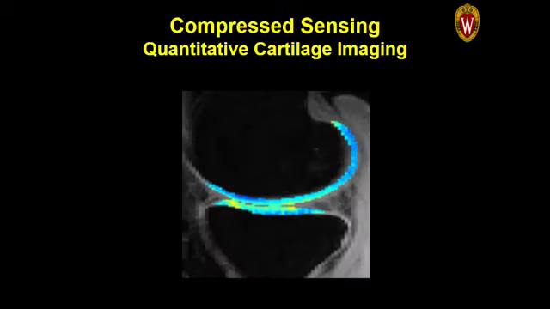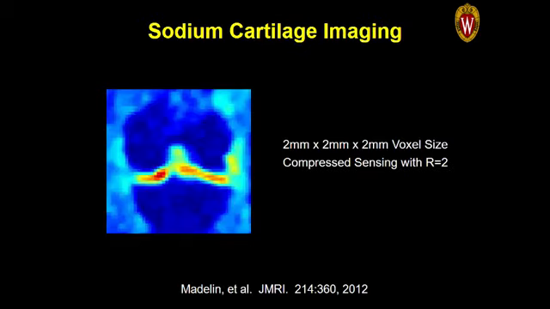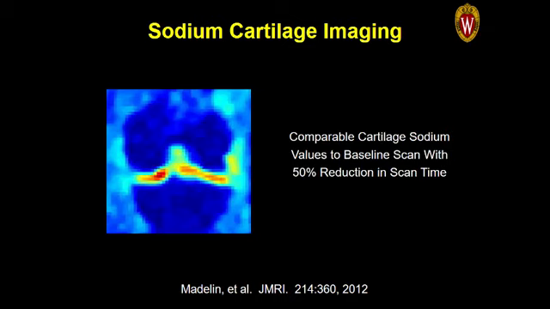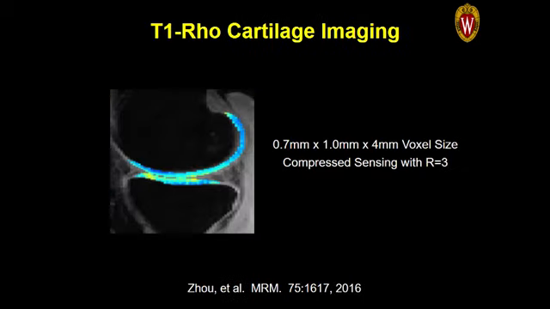Now, compressed sensing acceleration has also been used to accelerate quantitative cartilage imaging. Dr. Regatte's group at NYU used compressed sensing acceleration to accelerate sodium imaging, and they were able to acquire these sodium images of the knee with 2 millimeter isotropic voxel size, with comparable cartilage sodium values to baseline scans, with a 50% reduction in scan time.